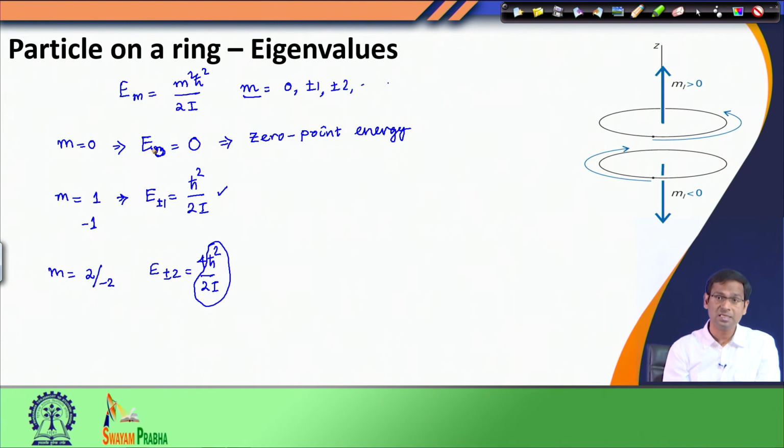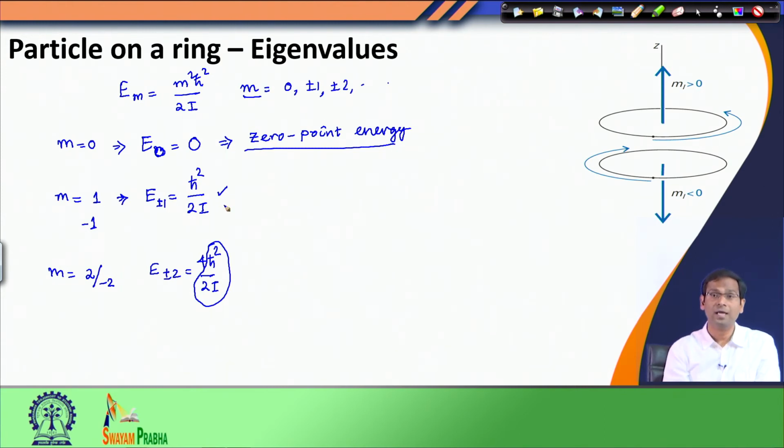So, if the energy of the system is 0, that means the kinetic energy of the system is 0, that means the particle is at rest, or stationary. So, the zero point energy simply means the particle is not moving, it is at rest at one point on the ring.